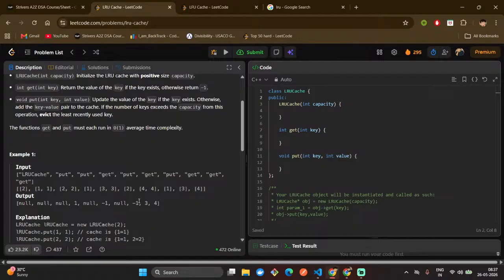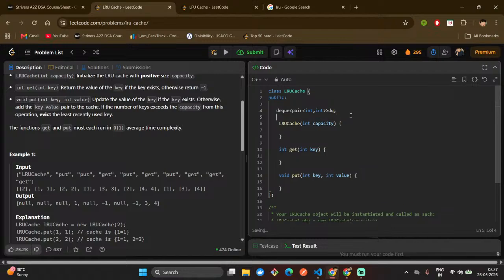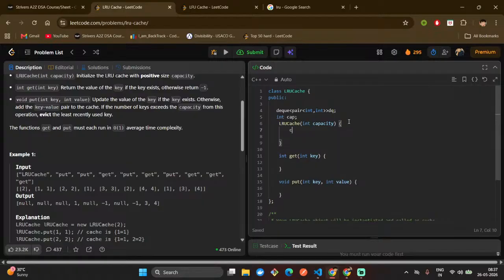That's what I'm trying to do here, like using DQ here. In DQ, right? And in cap, so this dot cap is equal to capacity.